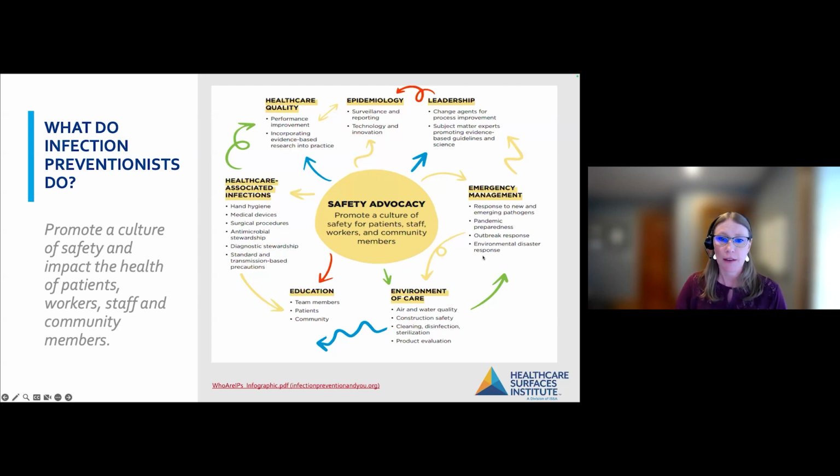Emergency management and an environment of care is kind of an exciting area that I would say probably most people don't think about, or I should say maybe before the pandemic didn't think about infection preventionists in emergency management. But certainly that came to light at the beginning of the pandemic as we had a new pathogen that we didn't really know a lot about.